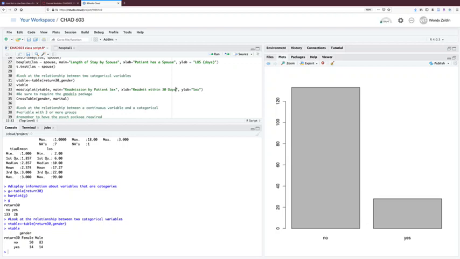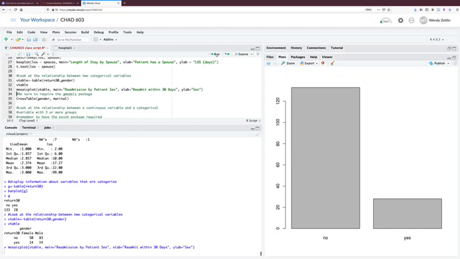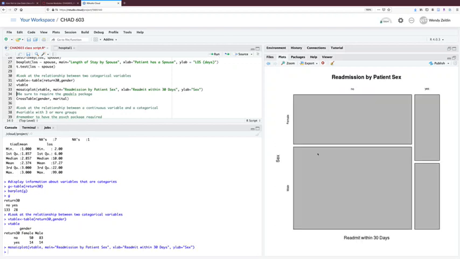We'll see if that works for us. Okay. And that did seem to work because the label sex is next to male and female, and our readmit within 30 days is the yes and no. And we pretty much see, again, what we saw before, an even split between males and females among those who are readmitted, but those who were not readmitted were more likely to be male.